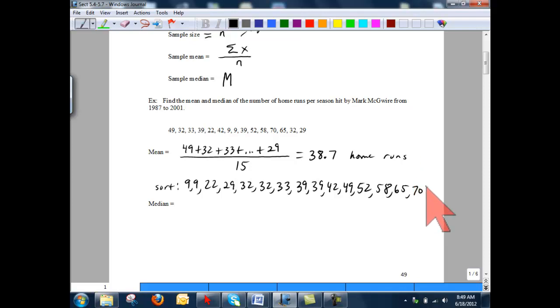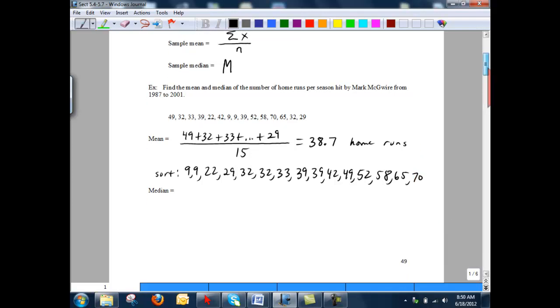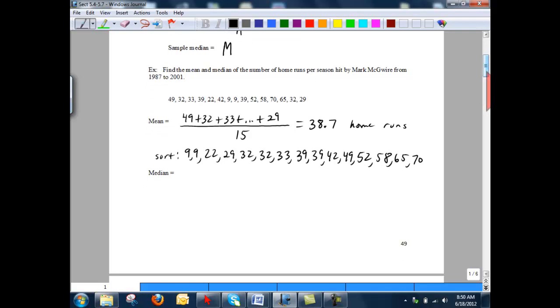As we're computing these, you might mentally make a note of how easy or difficult this is in terms of just amount of work to do by hand and perhaps amount of work to do for a computer. If I look at this list, the middle number is right here, this 39, and so the median is exactly that, 39 home runs.